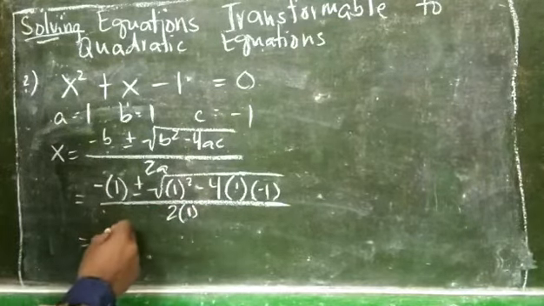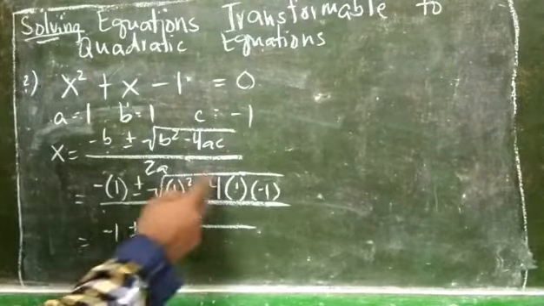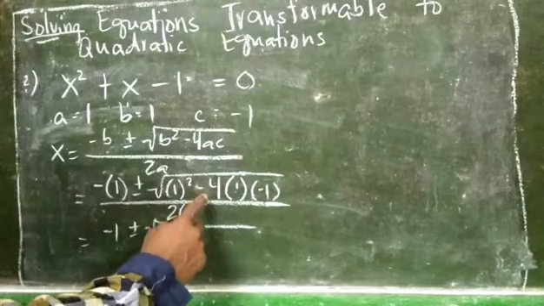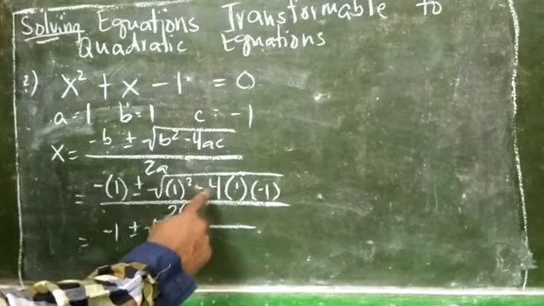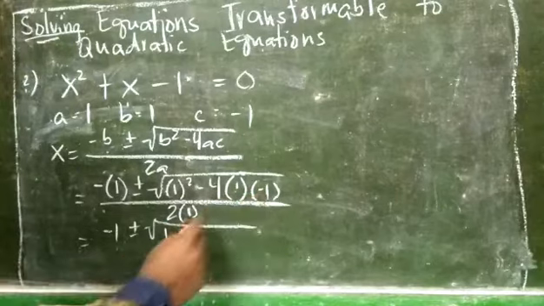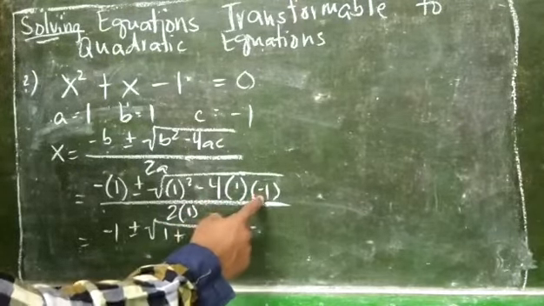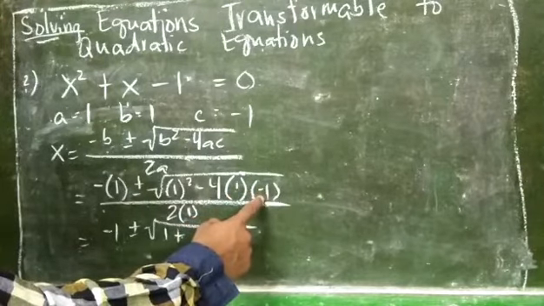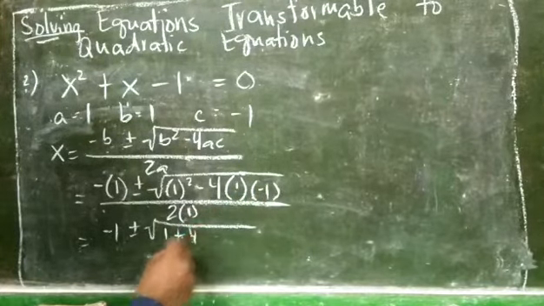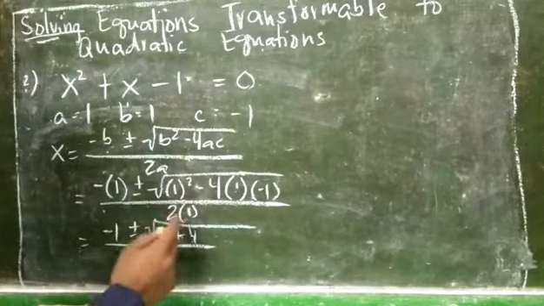Okay, so negative 1 plus minus square root of 1 squared, 1. Then, negative times positive, negative times negative, positive. So, positive 4 times 1, so it's still 4. All over 2 times 1.